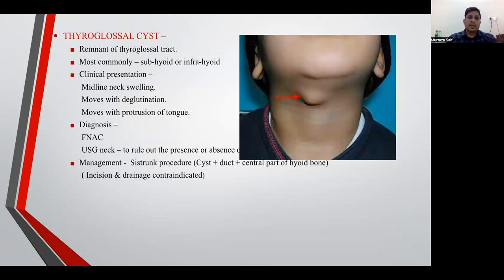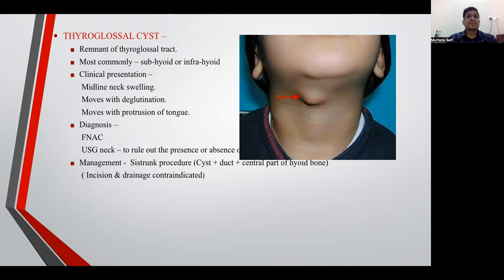It is the remnant of the thyroglossal tract, most commonly subhyoid or infrahyoid. Then clinical presentation: there is midline neck swelling, moves with deglutition, moves with protrusion of the tongue. By these two, you can differentiate it from thyroid swelling.